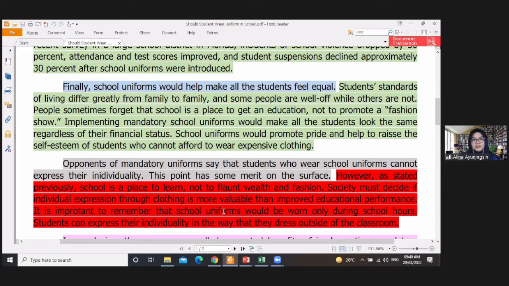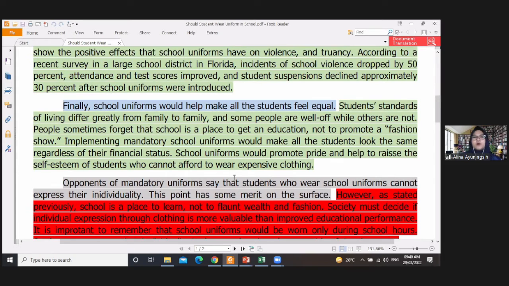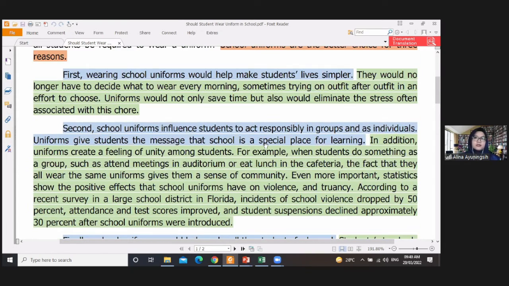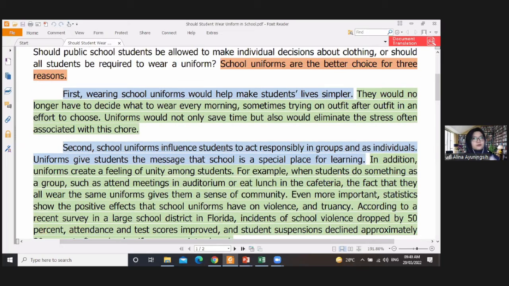So here, this is a good example of a simple refutation. And this one is a successful one because here on the red ones, this student can prove that he or she is not vague. Jadi dia menggunakan statement-nya lawan untuk membuat statement atau opinion dia untuk terlihat menjadi lebih baik, lebih bagus. Saya udah nyebutin, saya agree kalau school uniforms are better choice dengan 3 alasan ini.